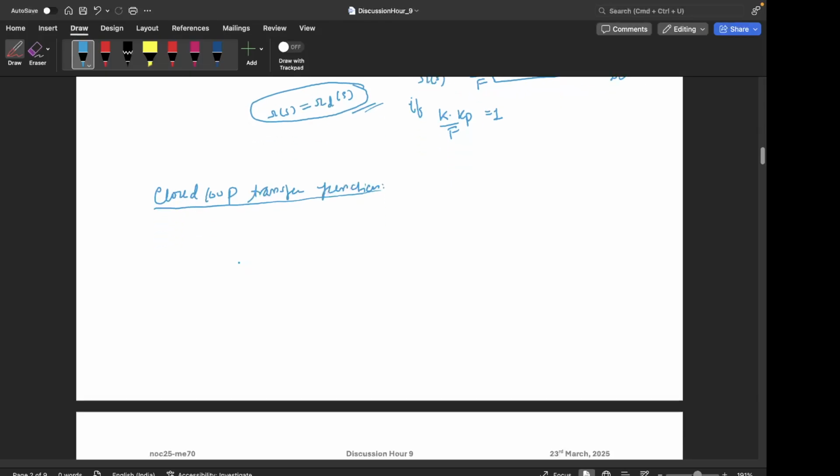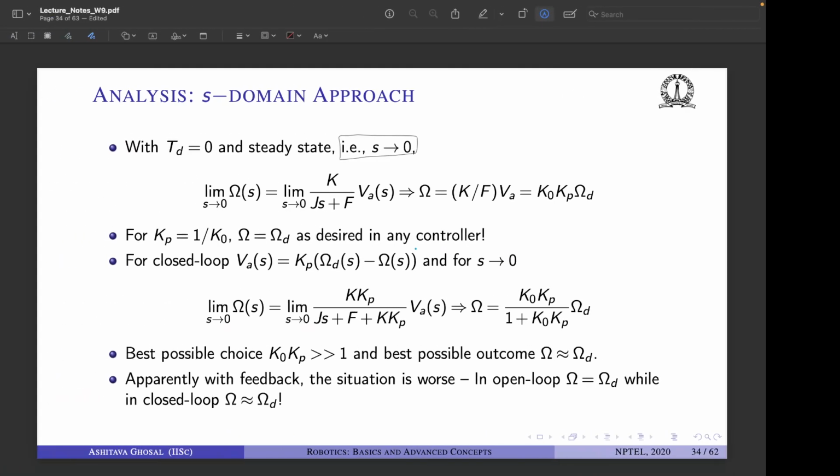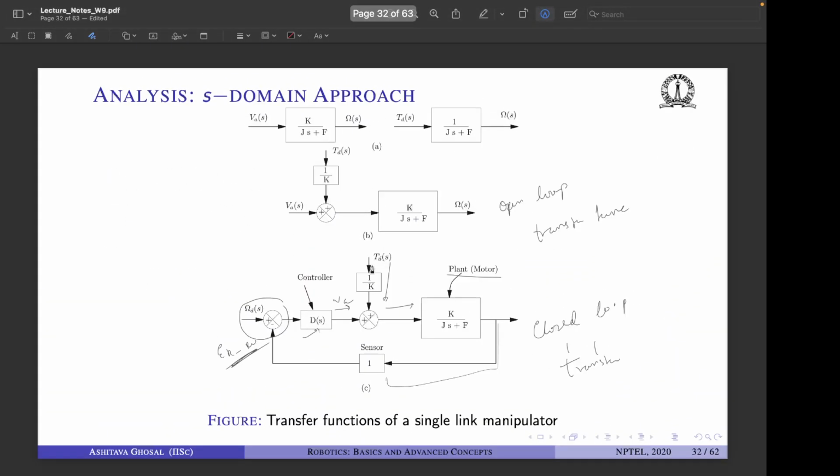First we have to find out the transfer function, because that we have not computed yet. So this is the desired, this is plus, this is minus, then this goes to DS.